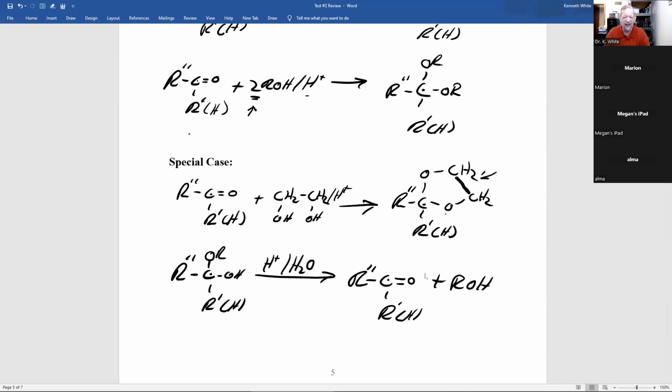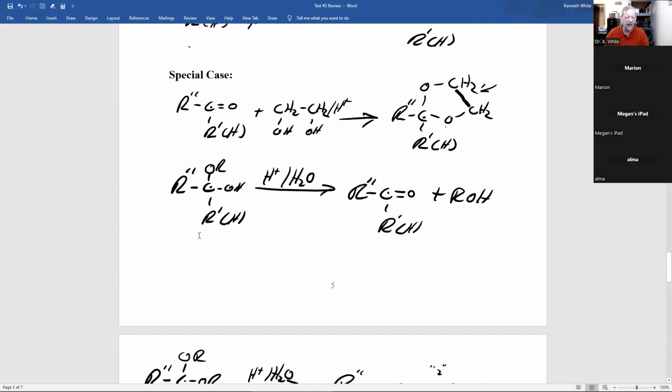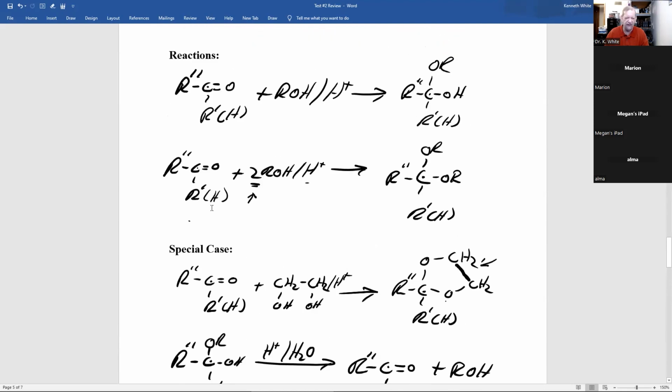All right. Now, that's a way of protecting a ketone or aldehyde if you're going to react the molecule with something where another functional group would react with a ketone or aldehyde, and you don't want that. Now, I should mention, these two reactions right here, if they didn't happen and Mother Nature didn't use them, we wouldn't have any carbohydrates in our life.